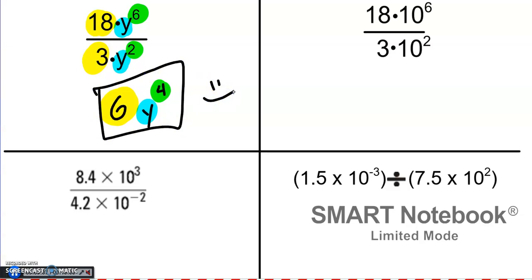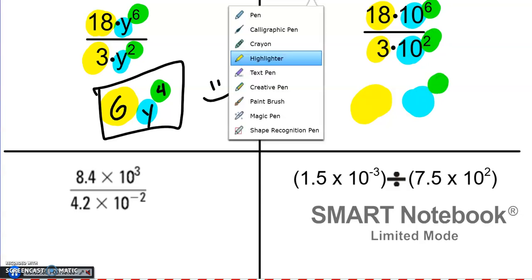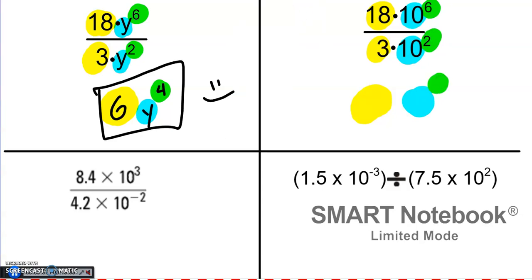Let's expand now. Instead of y, let's use a base of 10. Well, again, we're going to do 18 divided by 3. We're going to have a base of 10, and we're going to subtract the exponents. So we have 18 divided by 3 is 6.